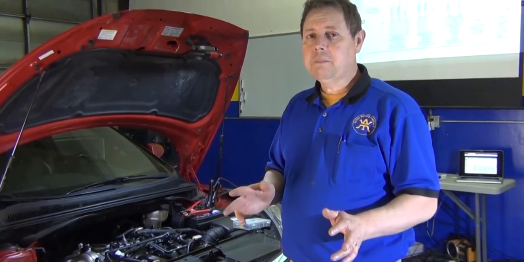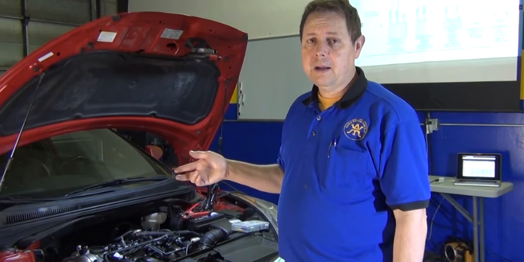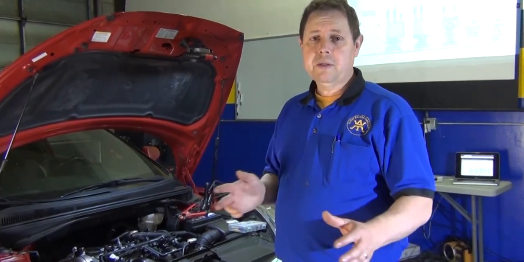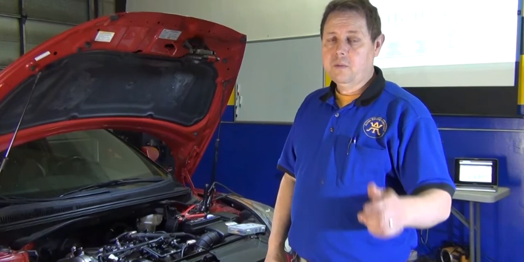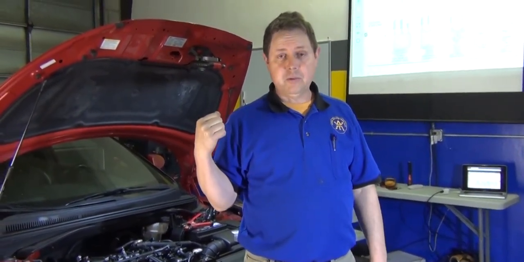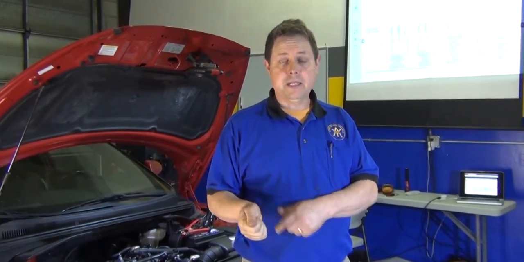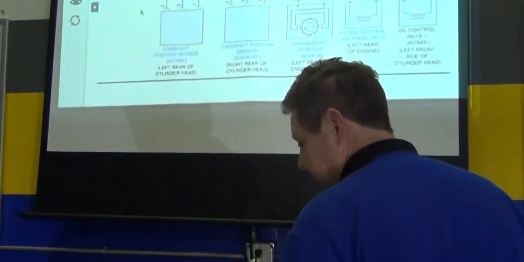So we're going to check some waveforms from the crank and cam sensors to see if the correlation is normal and things like that, right? But before we connect the scope, let's see how we're going to get that information.